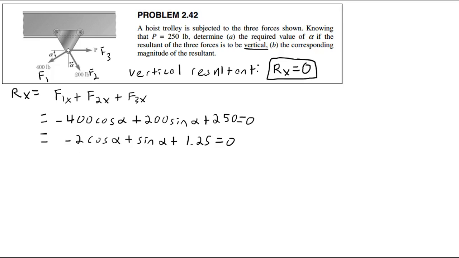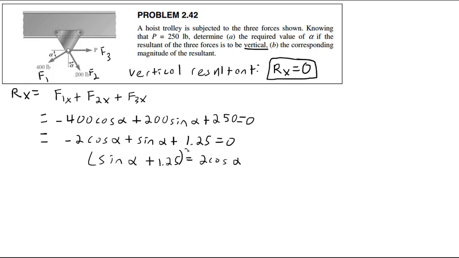Now, what's next? The next thing I can do is square all of this. Well, actually, I'm going to isolate the cosine term. So sine of alpha plus 1.25 equals 2 cosine of alpha.